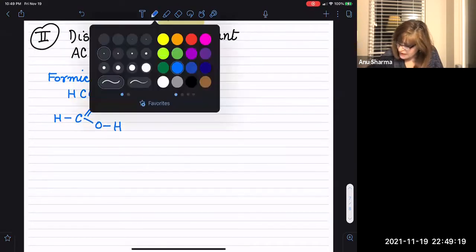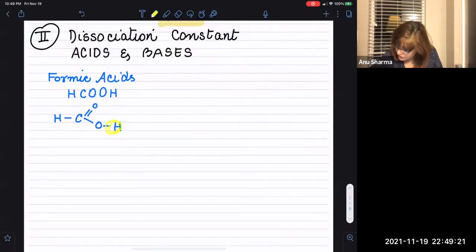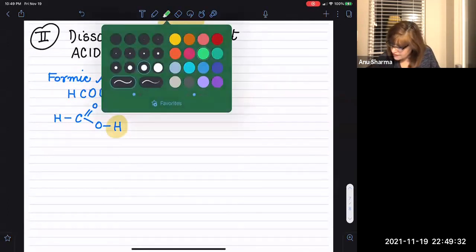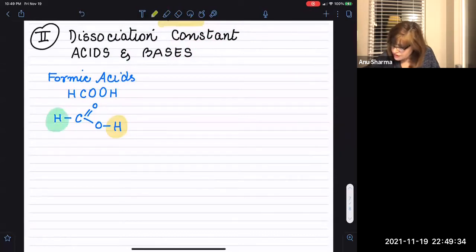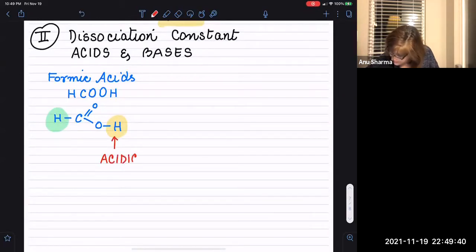So it is this hydrogen that is the acidic hydrogen, because it is attached to a polar bond. Not this one; this is non-acidic hydrogen. So let's write this down. This is acidic hydrogen, and this is non-acidic.